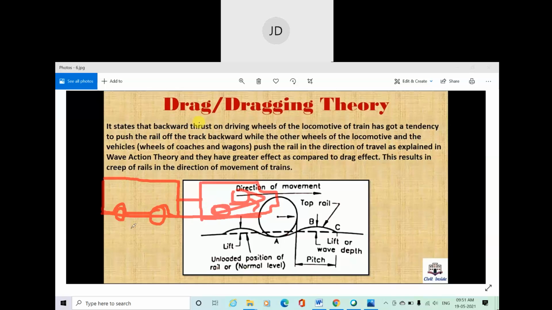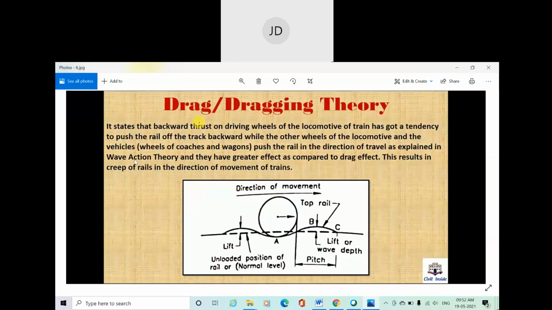Because of the wheels connected to different compartments or wagons, the driving wheel experiences a drag which tries to pull it back. This pulling-back phenomenon is called dragging action, and because of that creep may occur. It is similar to the wave action, but a little bit different.